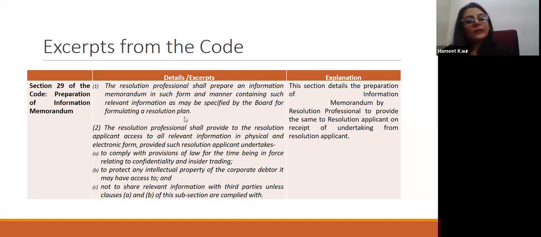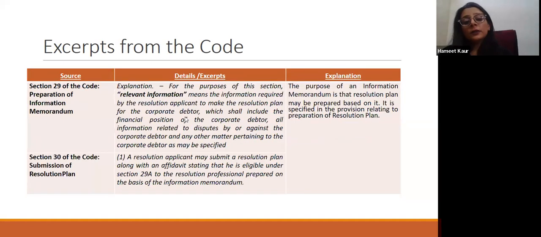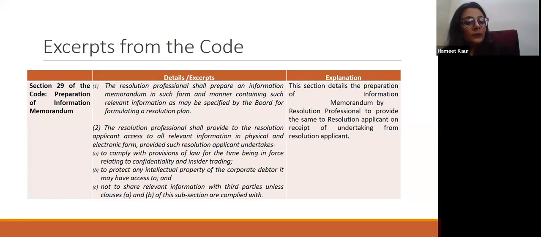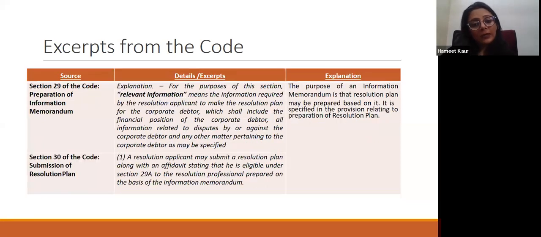So section 29 and 30 have one thing in common. When we talk about the IM, it talks about information memorandum for formulating a resolution plan. And when we talk about the resolution plan, it is prepared on the basis of the IM. So there is a direct connectivity between the IM and the resolution plan.